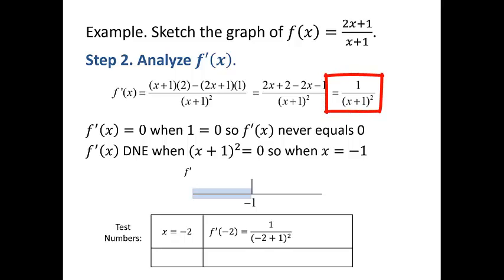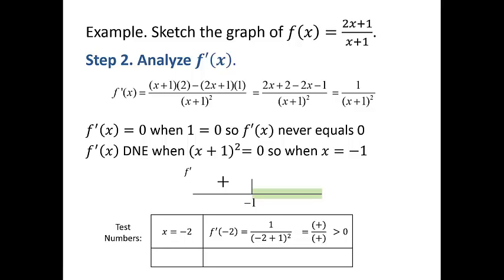We evaluate the derivative f prime at negative 2, and we see that we get 1 divided by negative 2 plus 1 squared. The numerator is a positive value, and the denominator is also positive. So altogether, we see that f prime of negative 2 is positive. And so f prime is positive on the interval consisting of all x values less than negative 1.